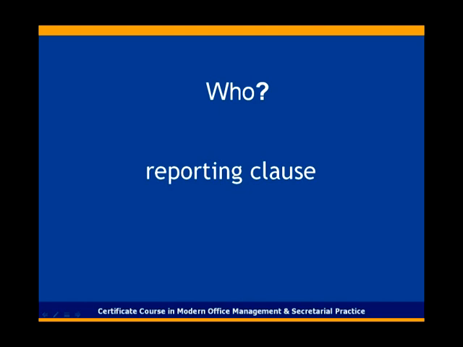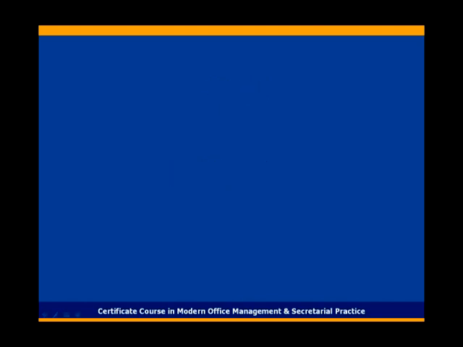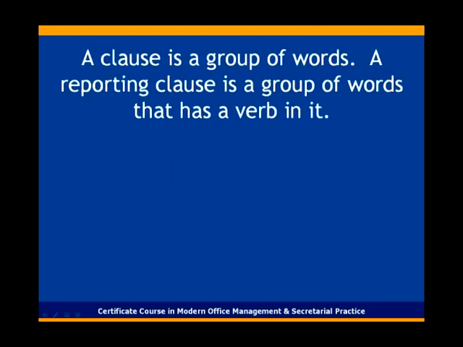So, what is a clause? A clause is a group of words. A reporting clause is a group of words that has a verb in it. For example, he said. Here, said is the verb in the clause.